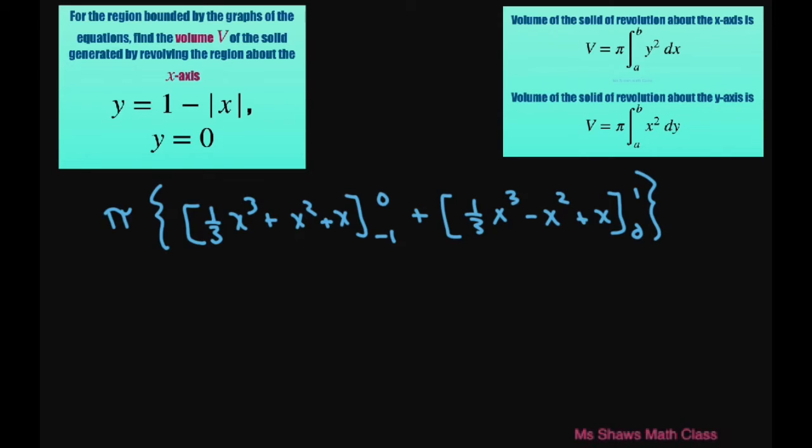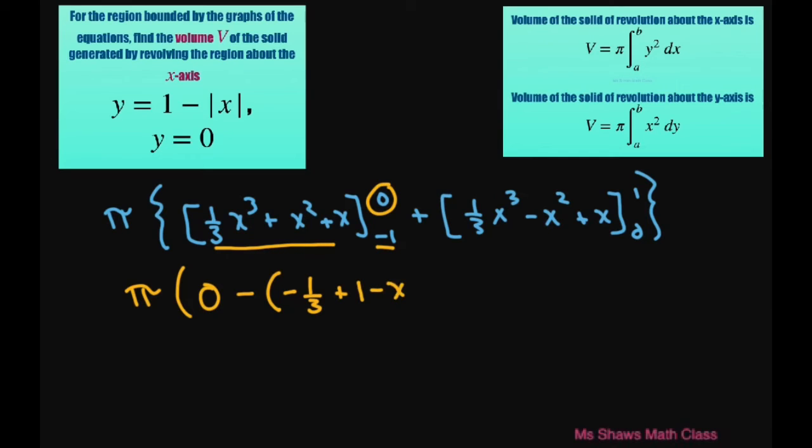All right, so when you substitute in 0, you're just going to get 0. So that's going to be pi times 0 minus, now when you substitute in negative 1, we're going to get negative 1/3 plus 1 minus 1.